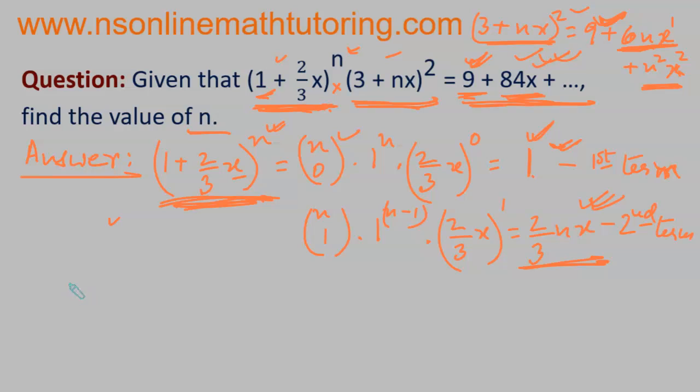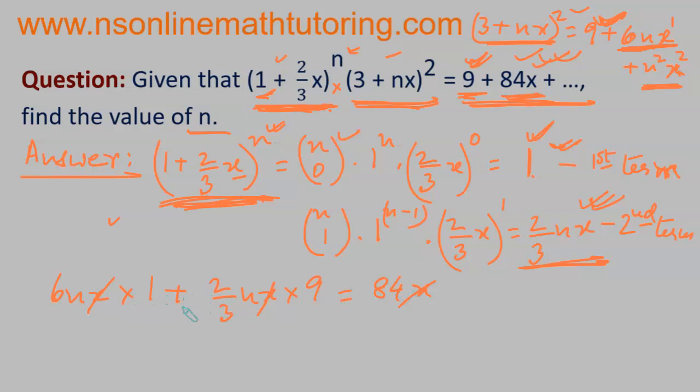So we write the two ways of getting to a term containing x, that is 6nx times 1 plus 2 over 3 nx times 9. And this should be equal to 84x. And we can safely divide the entire equation by x so that we can eliminate x.